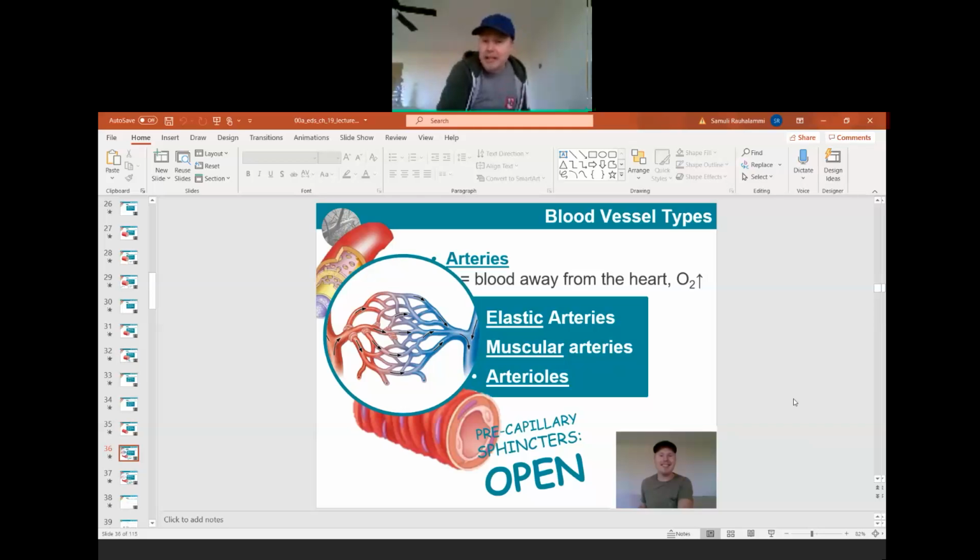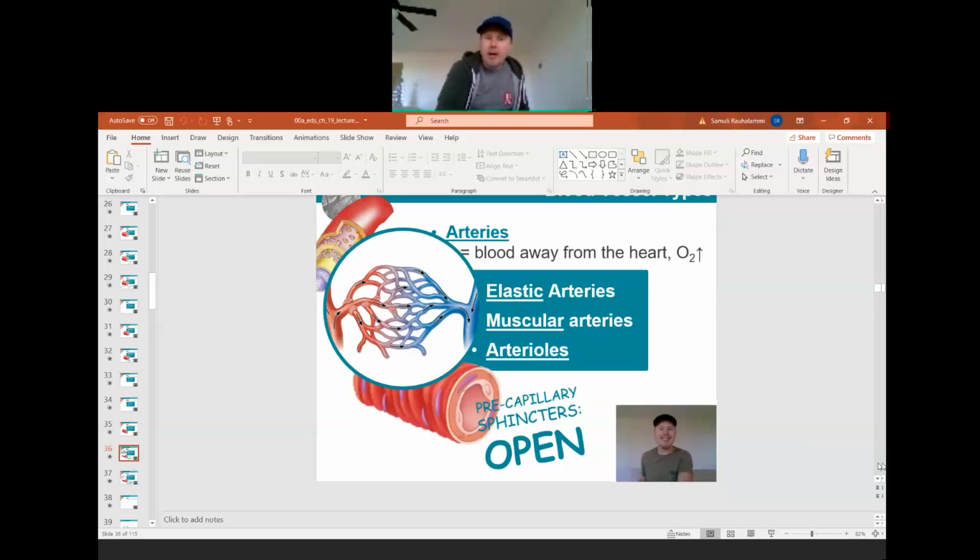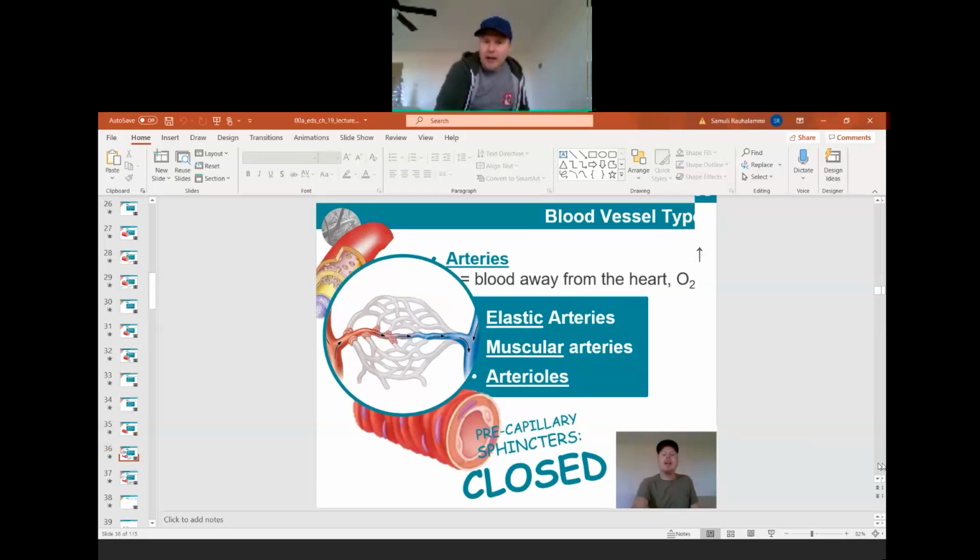And that brings us quite nicely, now that we've seen the last part of the arterioles, to the precapillary sphincters. So the proper term for these is that they are sphincters before capillaries, so precapillary sphincters. So now we can move on to look at the arteries a little bit. And what you see on this is one capillary network fully closed off.